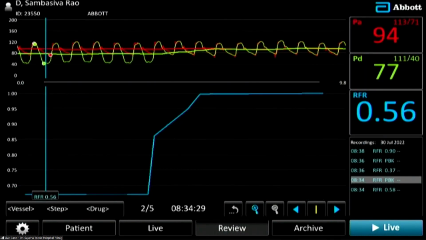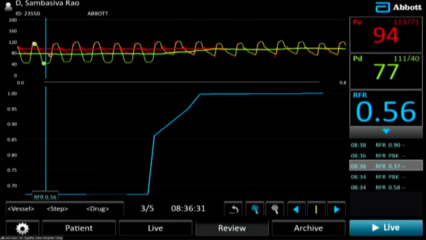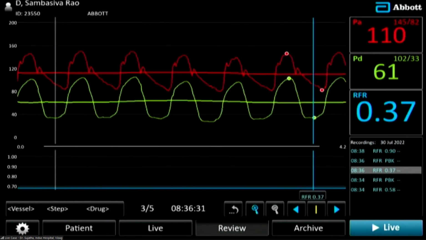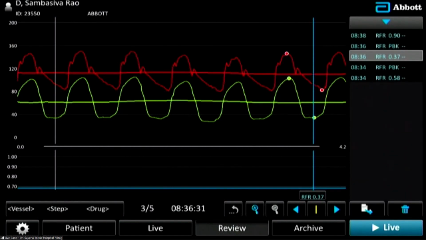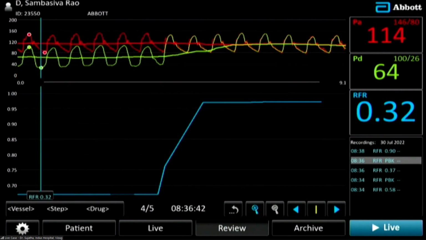That's the pullback. So you can see that it is a pretty focal lesion. Next, we also did it in the OM3, that is the tight small OM. So that is the 0.37 pullback. So again, we got a focal pullback. We did it in the OM2. Next.